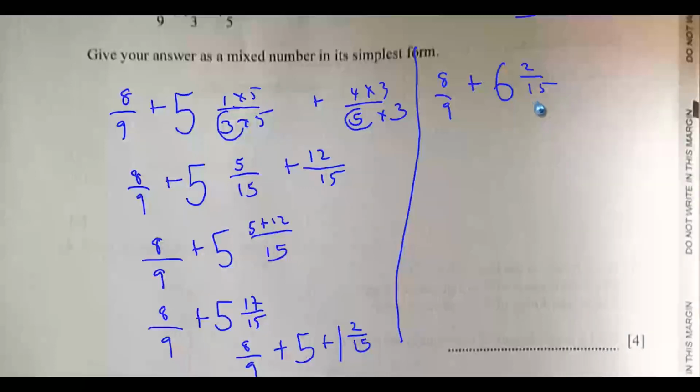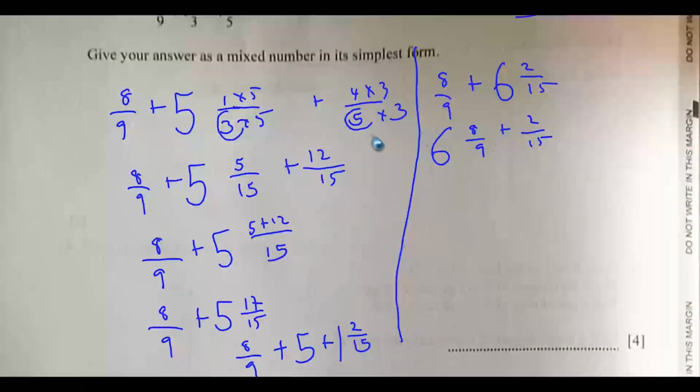So now we can add these two together. Here we don't have a whole number, which is 0, and we have a whole number here which is 6. So we can say 0 plus 6 because we don't have anything here. So I'm going to have 6 whole here. Then I can use the same method to add 8 over 9 and 2 over 15 together.